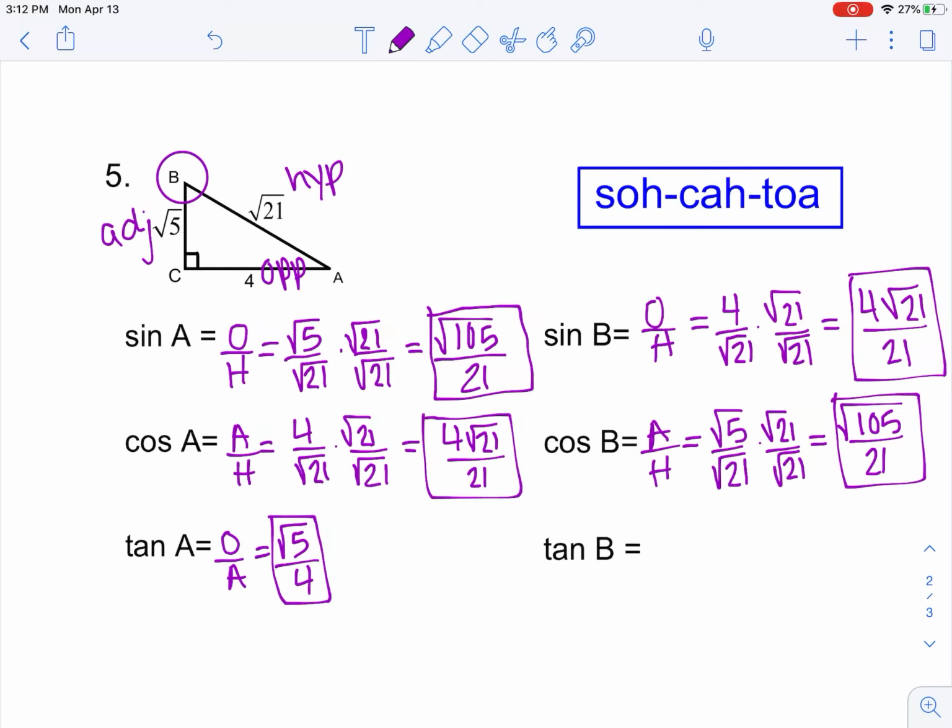Lastly, we have the tangent of angle B, so the opposite divided by the adjacent side, which is 4 over the square root of 5. Rationalize our denominator, and we get 4 root 5 over 5.